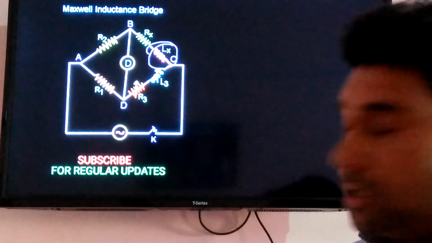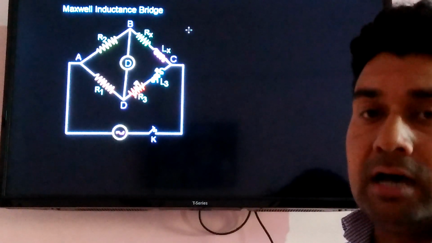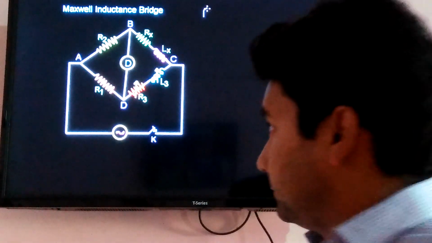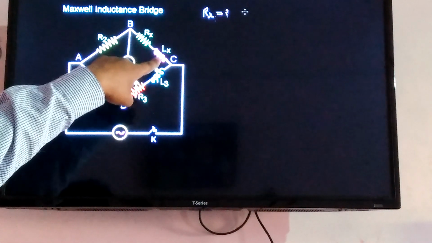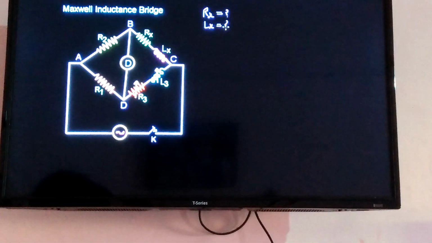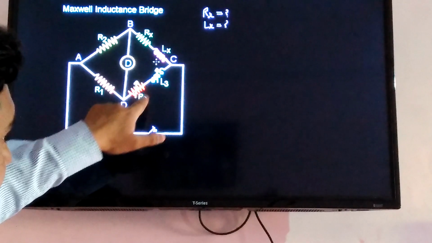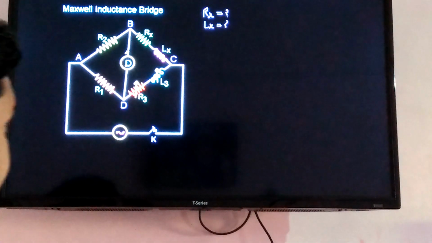It contains R1 and R2. These are pure resistances. And here Rx and Lx are the unknown values. And here R3 and L3 are the variable quantities.